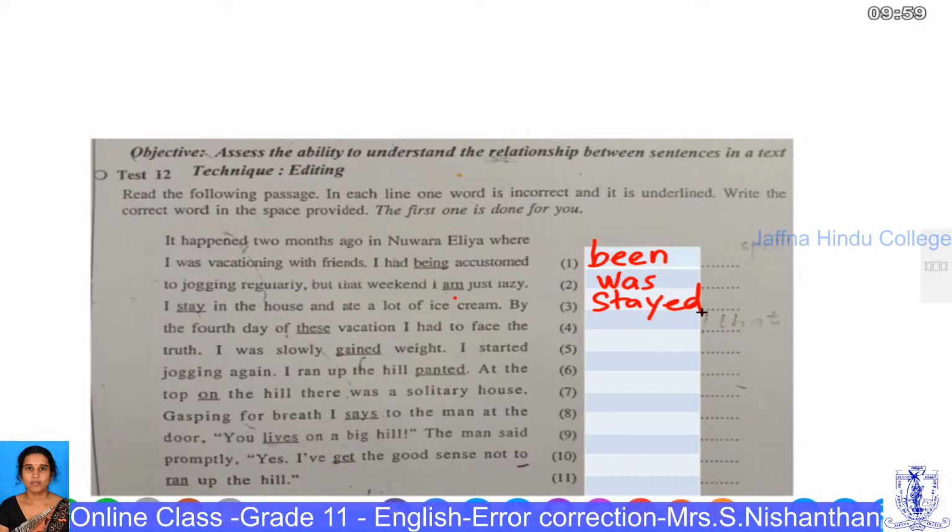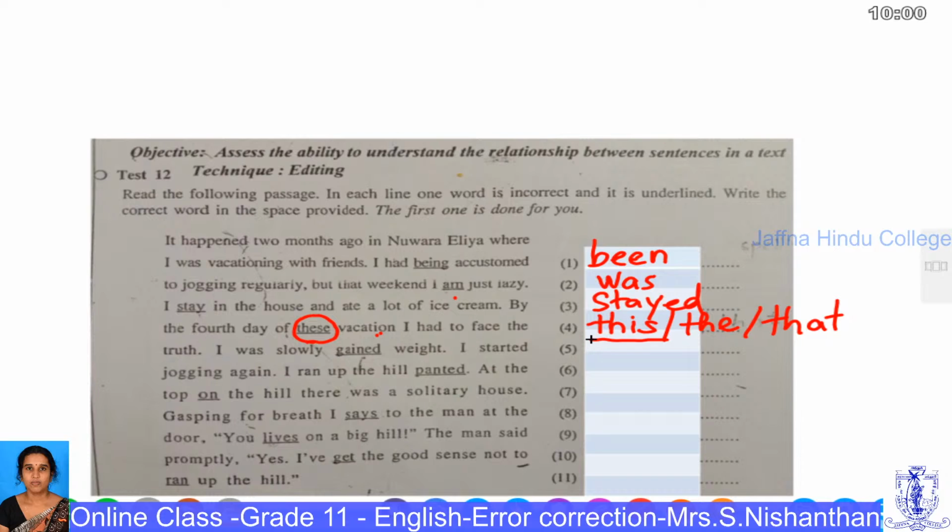By the 4th day of vacation, singular, so it should also be singular. This or the, or you can use that also. All the 3 answers were accepted in the panel, but this is the most suitable one. Singular of these, this vacation, I had to face the truth.